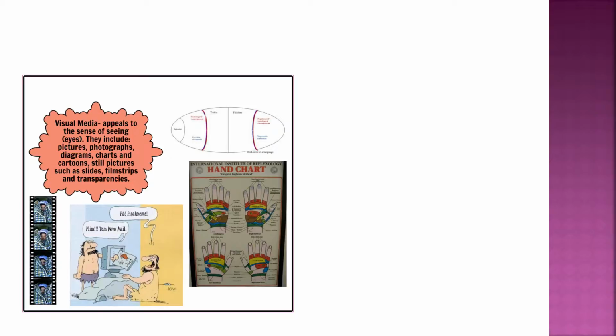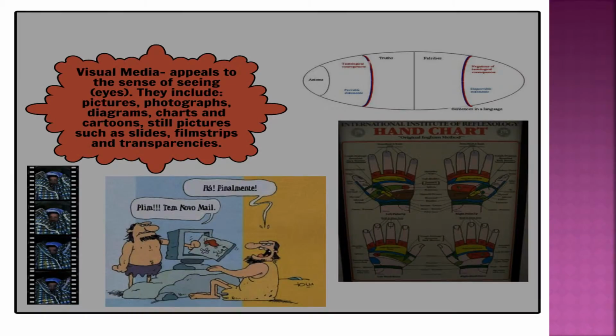All we need to do is to look at them and we are able to see or understand what the instructor is trying to pass across. And from the examples here on the screen, it's easy for us to understand what we are trying to explain.